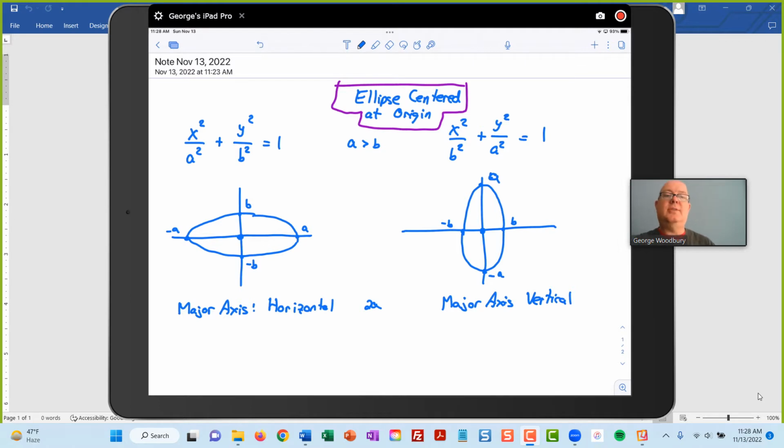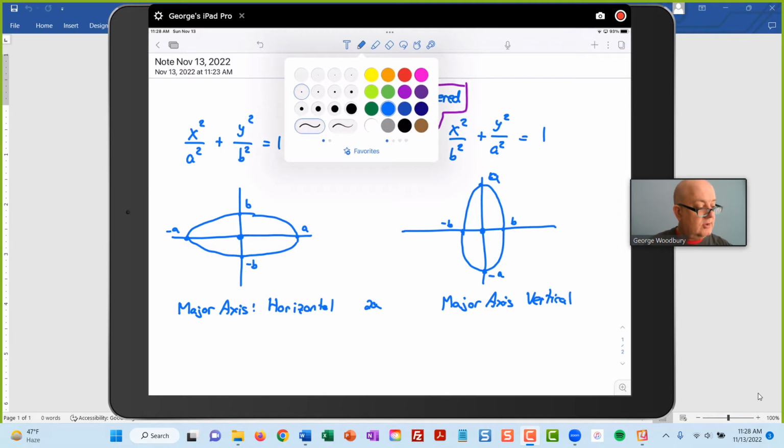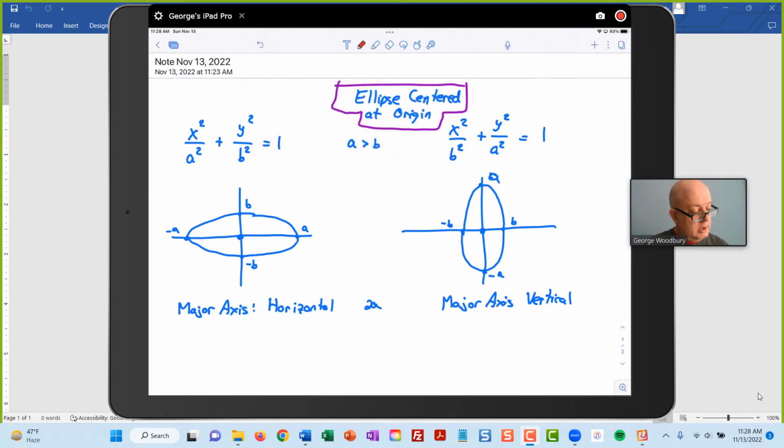One thing about the definition of an ellipse that's important is that there are 2 points called foci. The singular is focus, but there are 2 foci, F1 and F2. If we pick a point on the ellipse and connect it to both of those foci, the sum of those distances is the same no matter what point we pick.